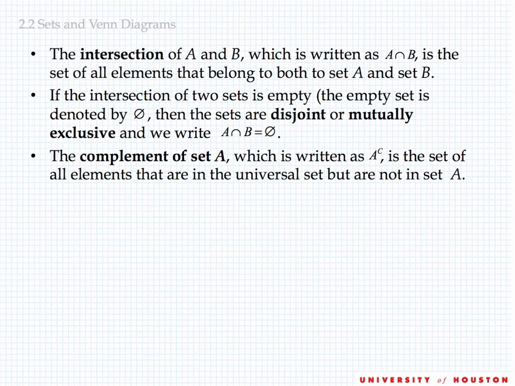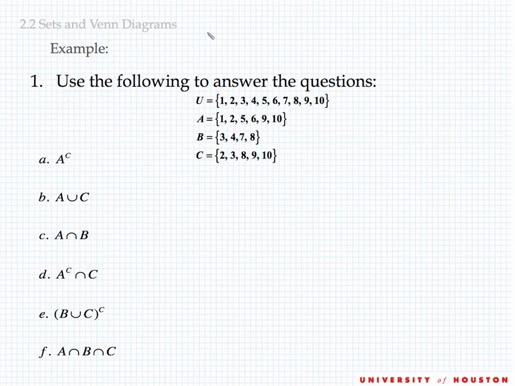The complement of set A, which is written A superscript C, is the set of all elements in our universal set that are not in our given set A. For example, suppose we have the universal set of the numbers 1 through 10. Set A consists of the numbers 1, 2, 5, 6, 9, and 10.